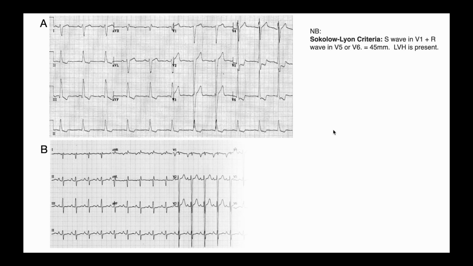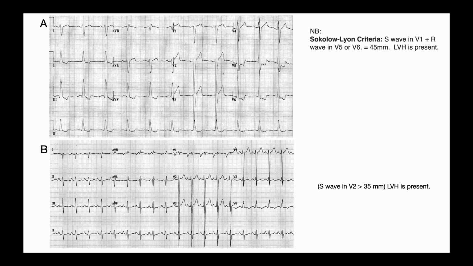In the second ECG, what do we find? There is evidence of left ventricular hypertrophy with large precordial voltages and left ventricular strain pattern, as we can see in the R waves in standard lead 1 as well as standard lead 2 and V6, as we can find over here.